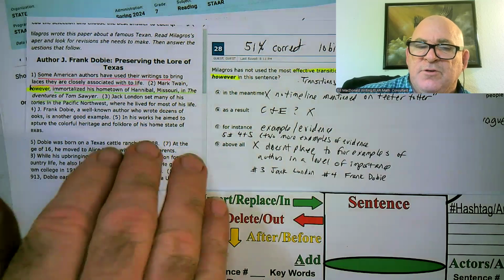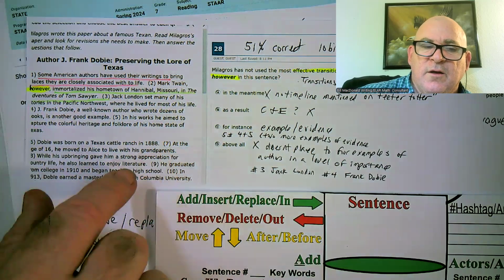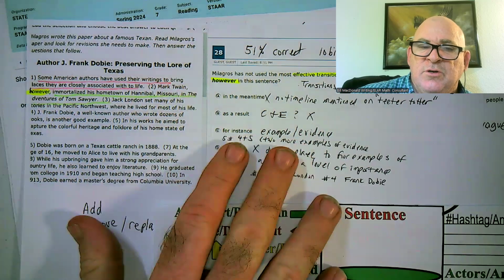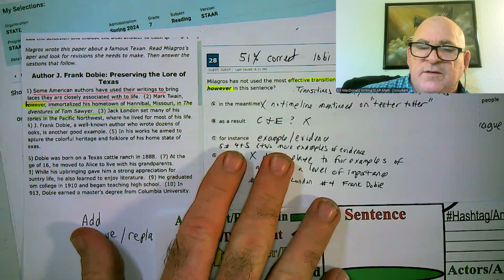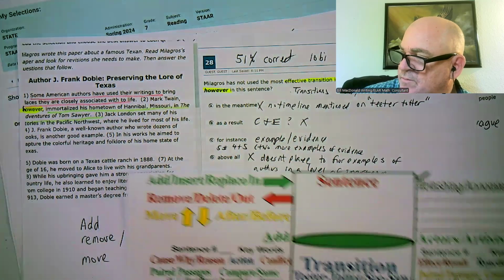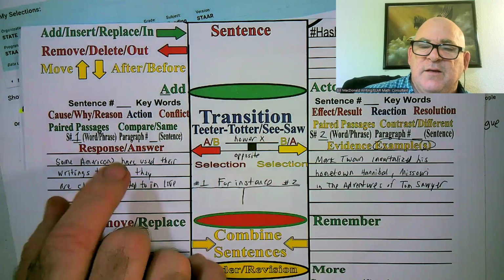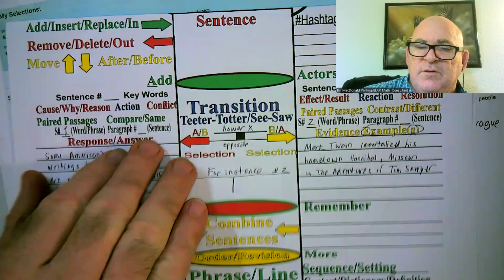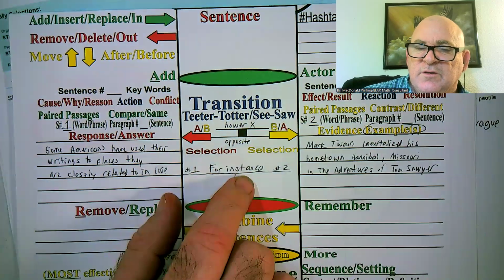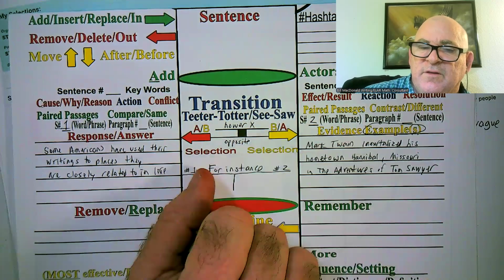They just happen to be spending the rest of the other paragraph talking about Dobie and his book and how it brought attention to a part of Texas that he lived in. So the best choice would be to remove however, because that's not an opposite statement. It's an example statement. So you can use for instance, or for example, or some evidence of this.